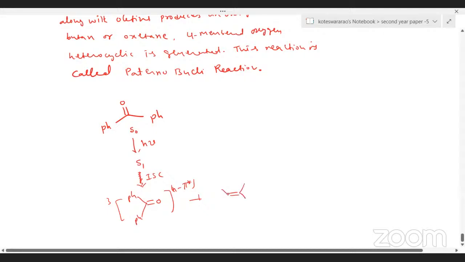Now this will undergo reaction with an olefin. Here I am going to take the olefin with two hydrogens and two methyl groups, 2-methylpropene, as the other reactant. Now, the activated benzophenone and the olefin form a transition complex.